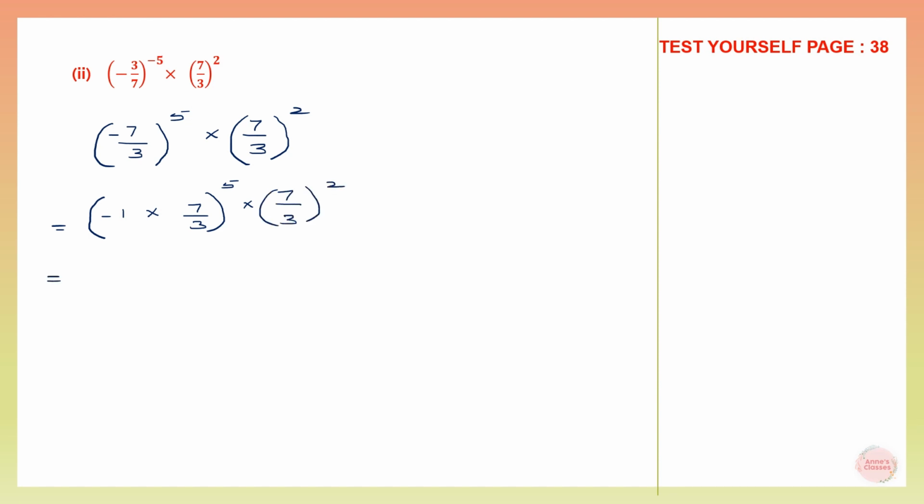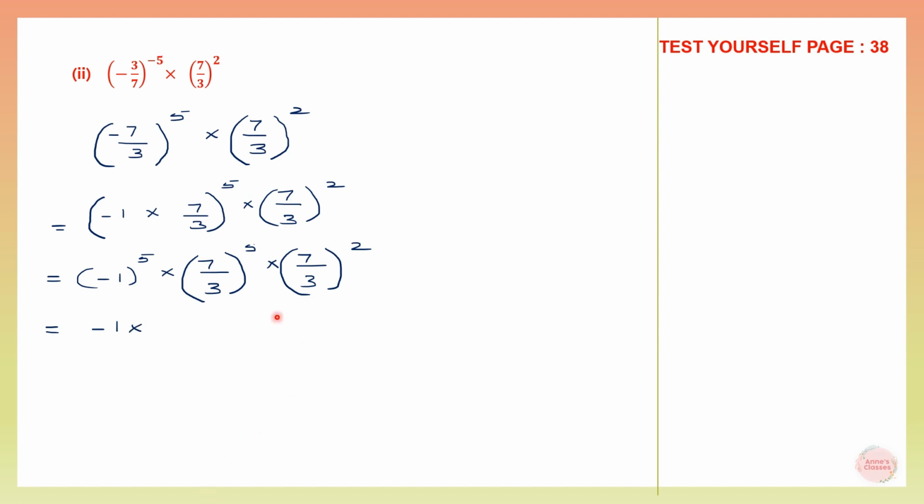So this can be written as minus 1 raised to the power of 5 into 7 by 3 raised to the power of 5, and the other one is 7 by 3 raised to the power of 2. Now, when you have a minus sign and you have an odd number as the power, your answer remains negative. So minus 1 raised to the power of 5, you multiply it 5 times, you still get minus 1.